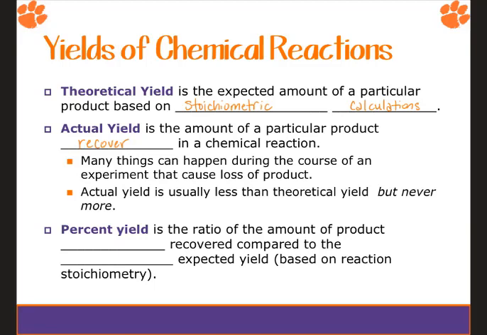And it's important to keep in mind that the actual yield is typically less than the theoretical yield just because life happens and stuff sometimes goes a little sideways, but it should never be more. And especially when you're in different lab settings, general or organic or higher levels of chemistry lab, sometimes you'll weigh your stuff and find, oh, okay, it looks like I have more product than I predicted I would make. That's weird. I'm in an undergraduate chemistry class.